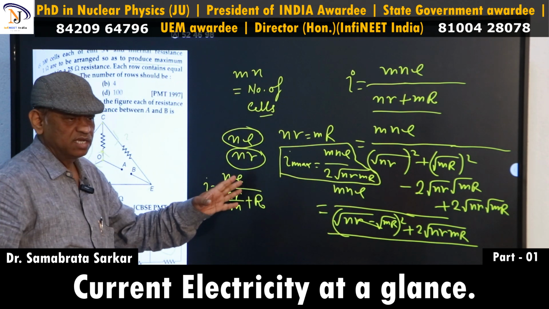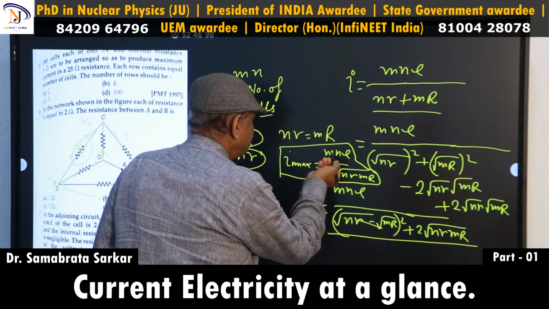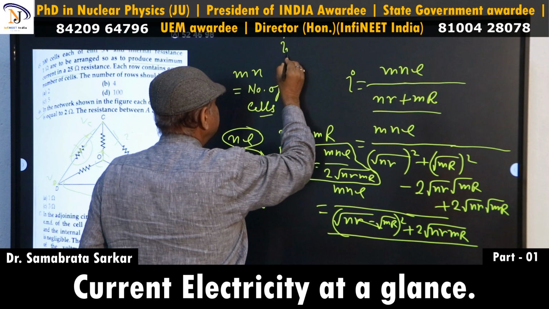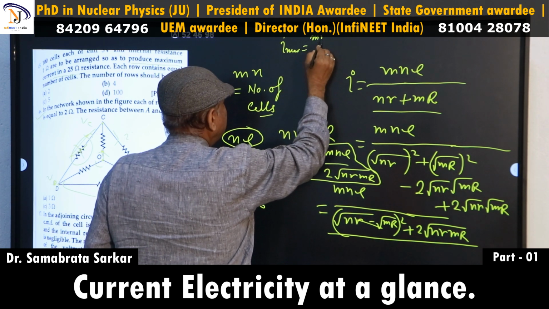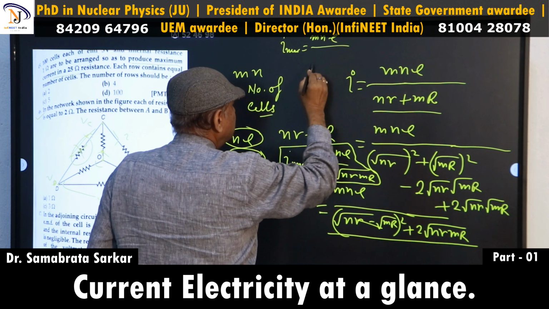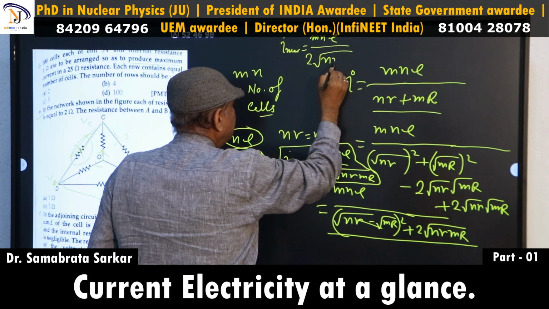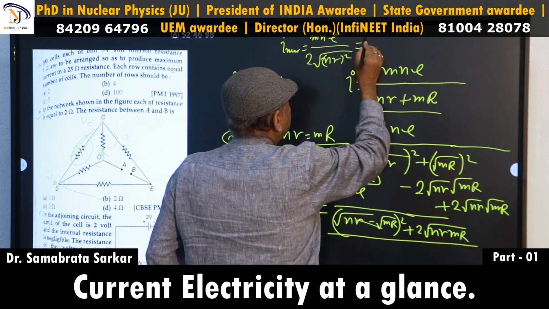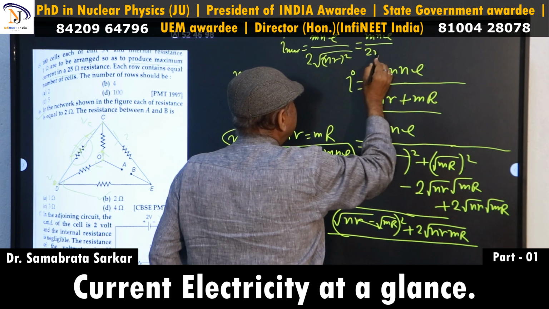This is the relation. Instead of writing NR, you can write MR. So I maximum equals E divided by twice NR squared, that is MNE by twice NR.